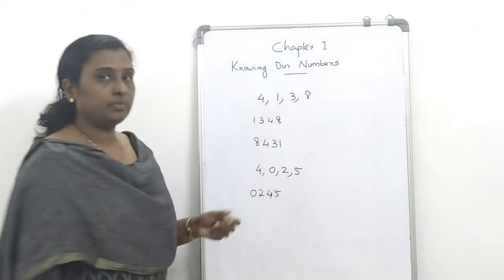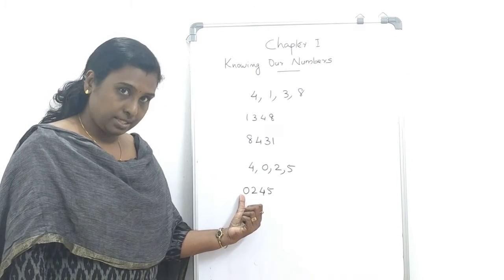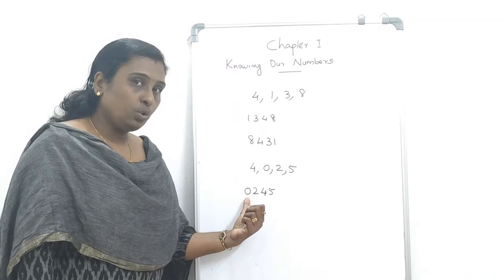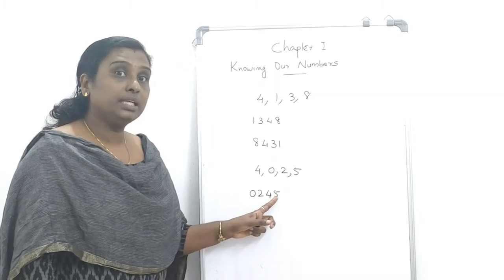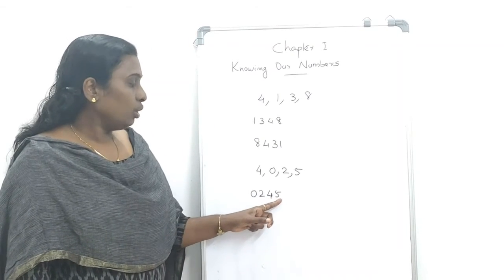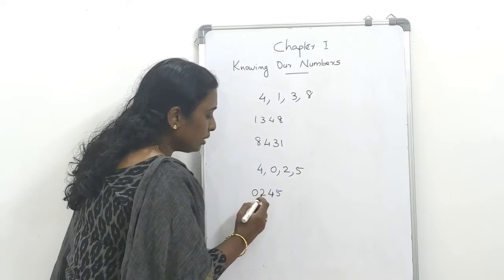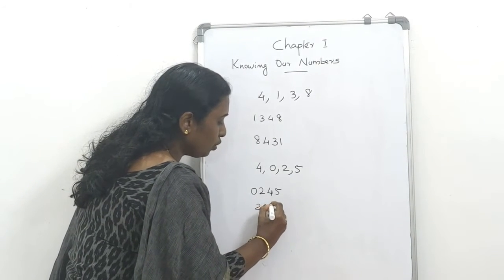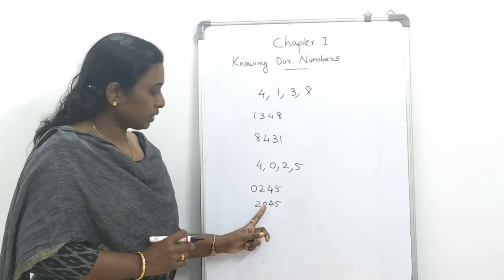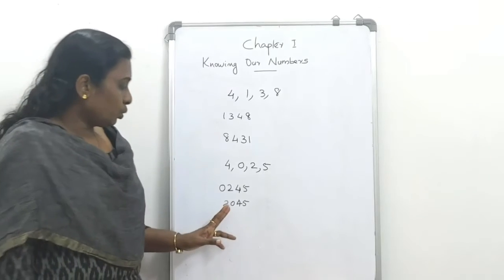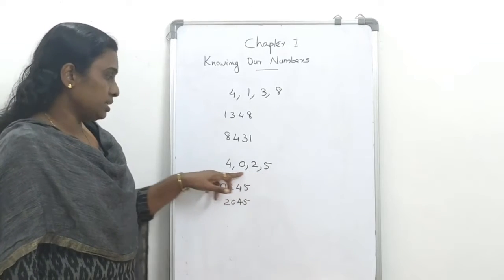Then 5. Here 0 is in the leftmost place. So 0 has no value here. So this number is considered as a 3-digit number. So to write the smallest number, rearrange the digits like this: 2, 0, 4, 5. 0 comes in the second position. Okay. So 2045 is the smallest number from these given digits.